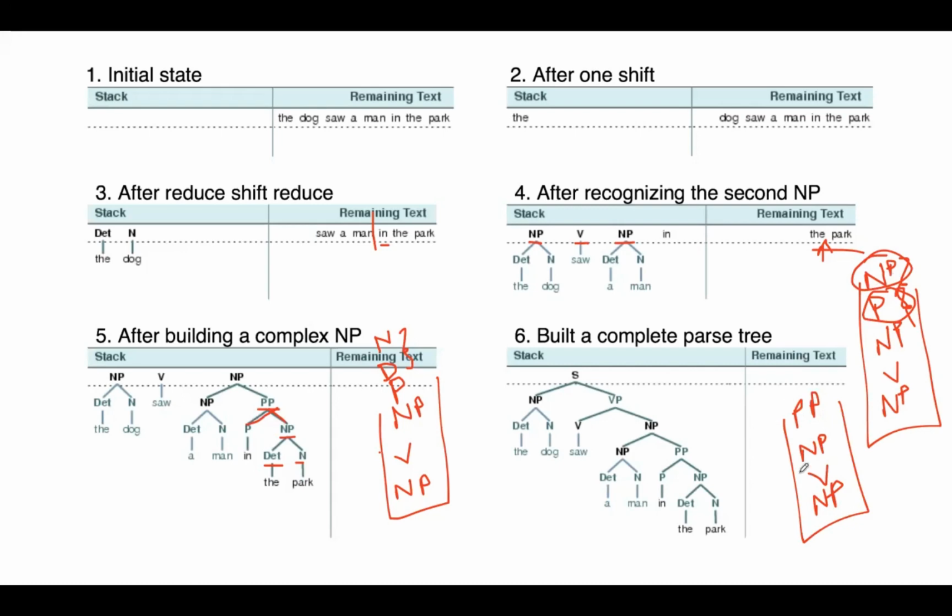Next, check whether we can use any phrase to replace one or more elements in the stack. This noun phrase and prepositional phrase can again be replaced with noun phrase. So what are the elements in the stack after doing this? The stack contains noun phrase, verb, noun phrase, and these are replaced with prepositional phrase.